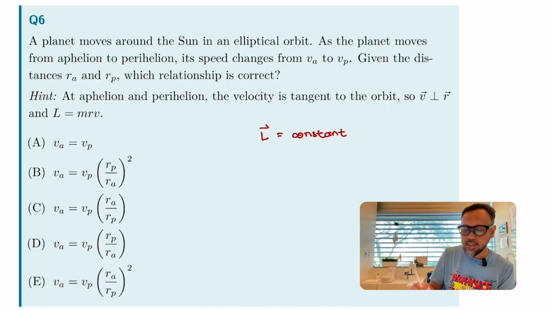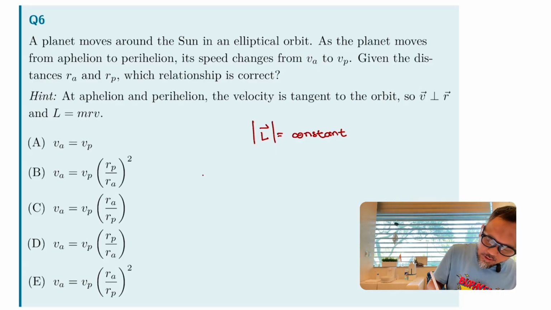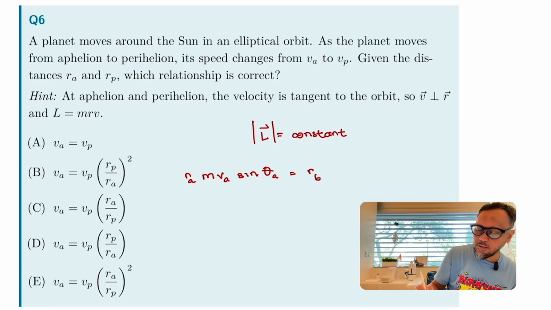Here we only care about the magnitude, so M times V aphelion times the distance RA times sine theta A is equal to the closest distance to the sun, RP, times M times VP times sine theta P.